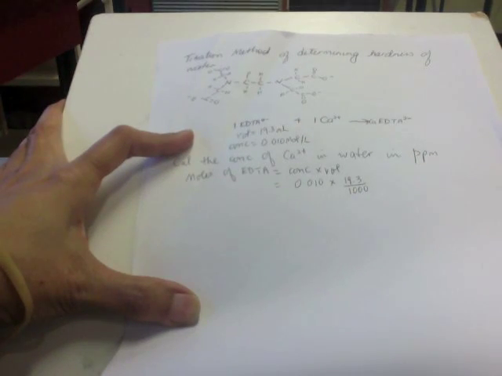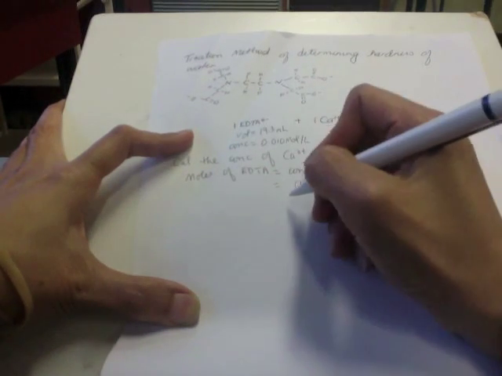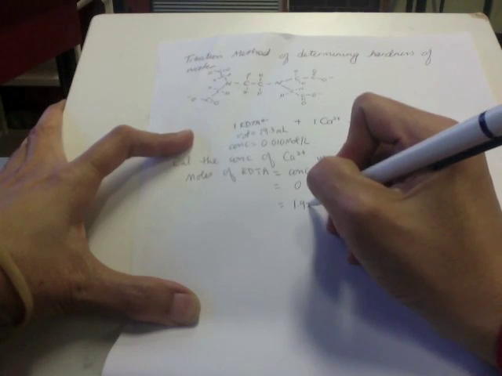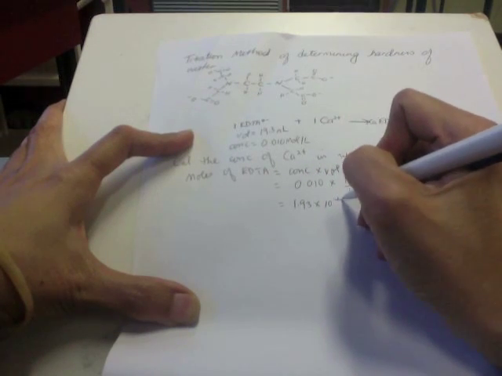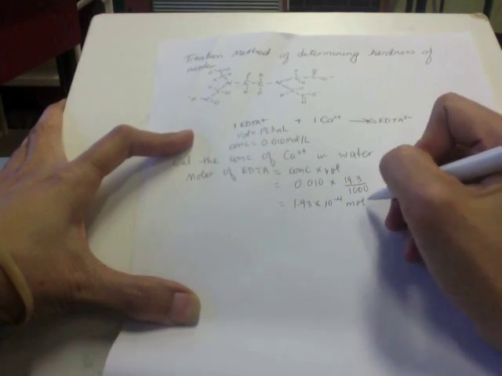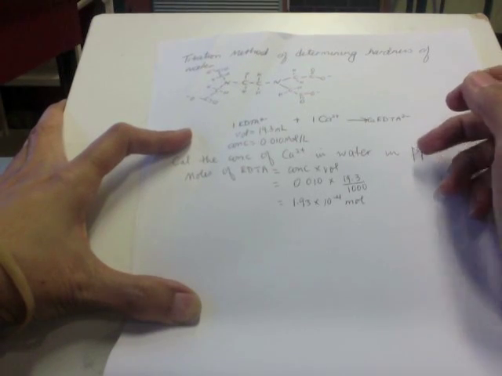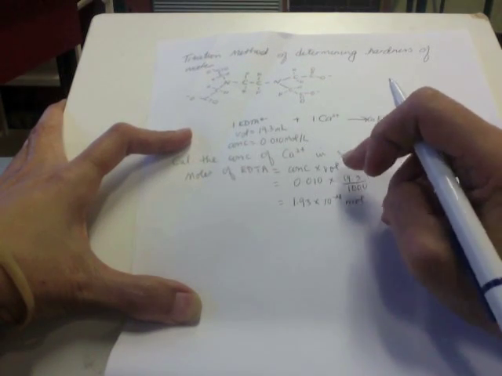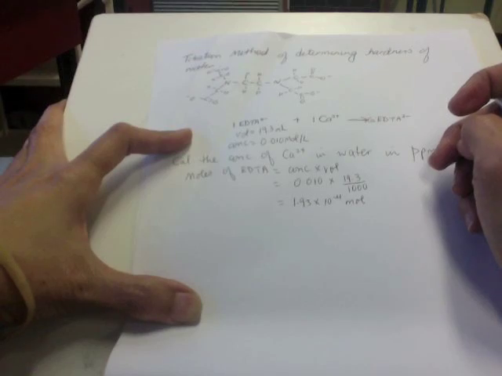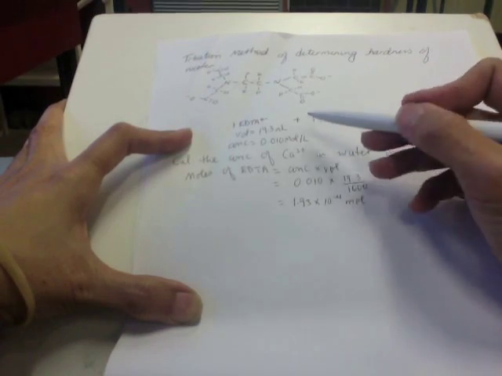This gives you an answer of 1.93 times 10 to the minus 4 moles.